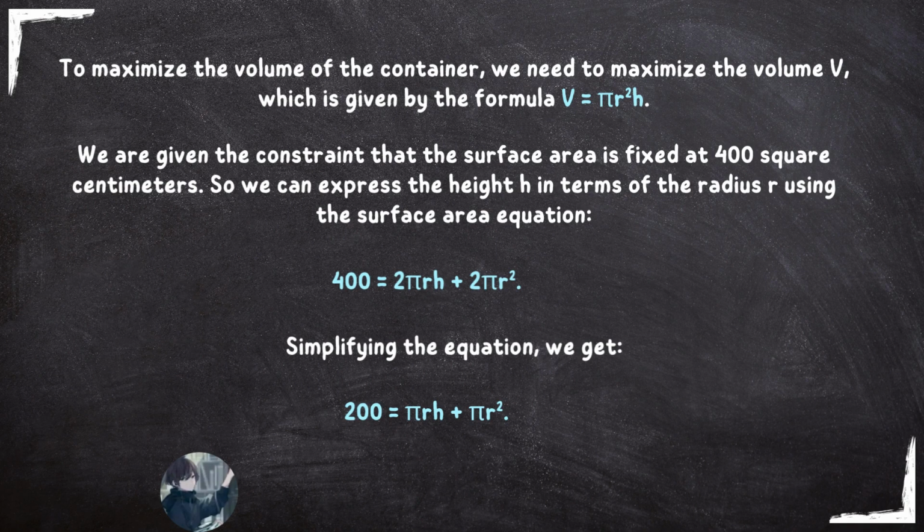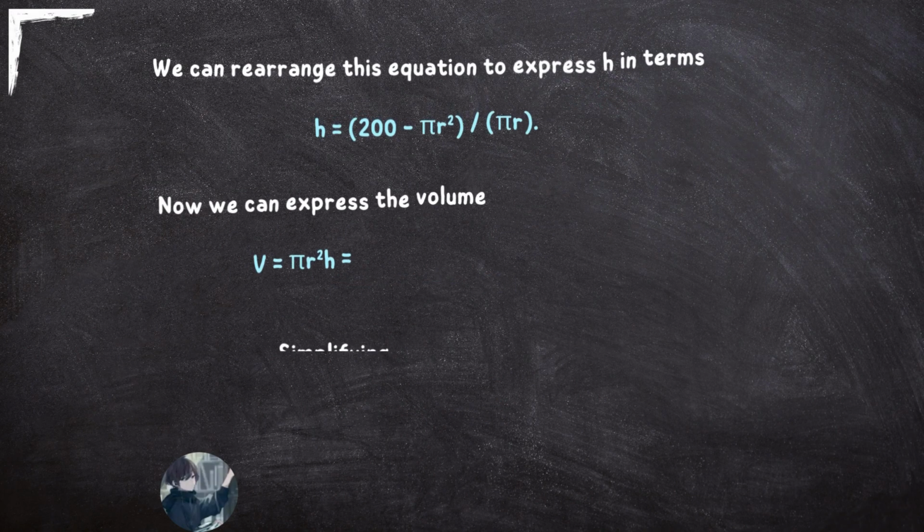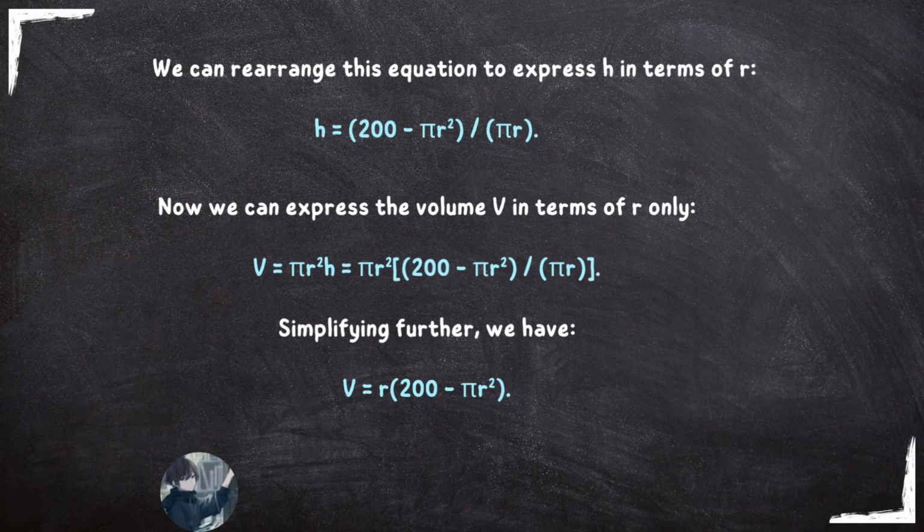By simplifying the equation, we get 200 = πrh + πr². We can rearrange this equation to express h in terms of r: h = (200 − πr²) / πr.